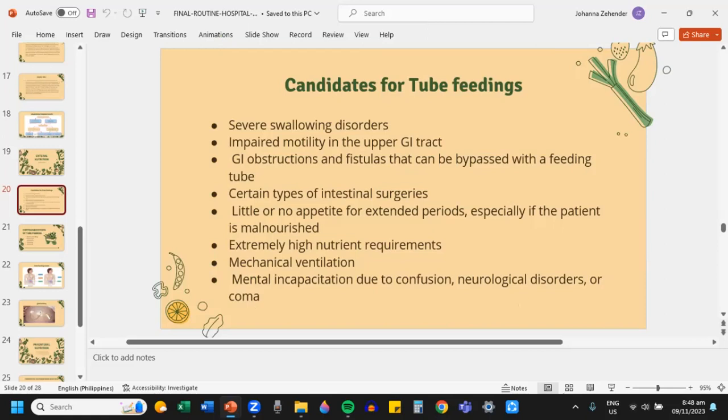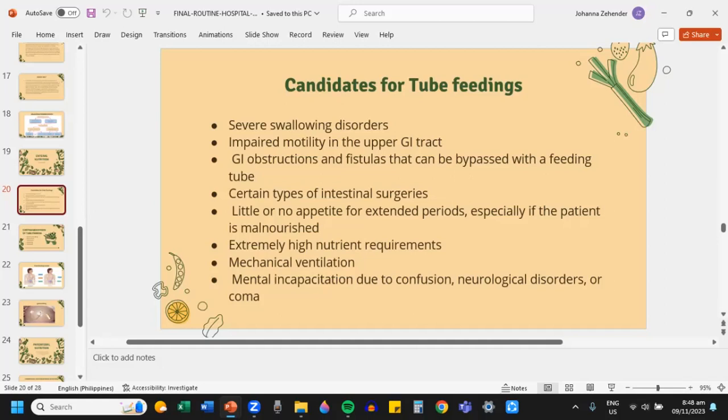We also have, this is also given to patients on mechanical ventilation. Okay? So these are patients who are comatose, and they are totally dependent on a machine to help them breathe. Okay, so unconscious sila. Definitely, hindi sila pwede mag regular oral feeding. That is why meron silang feeding tube. Okay?